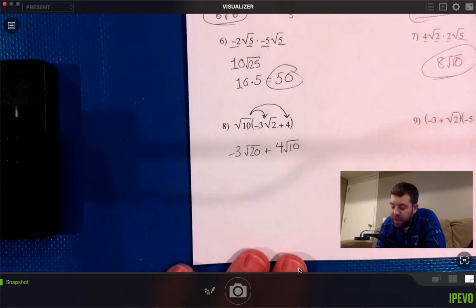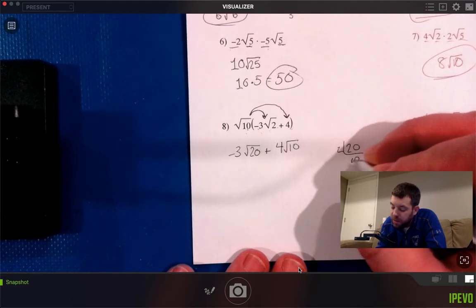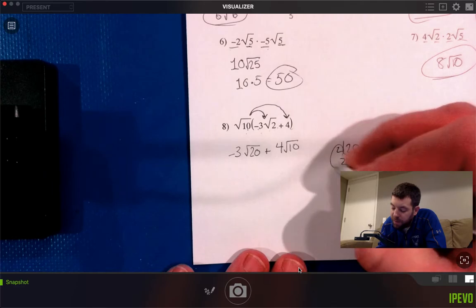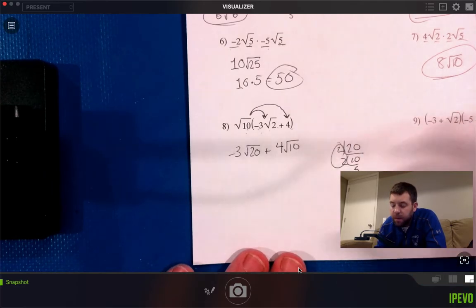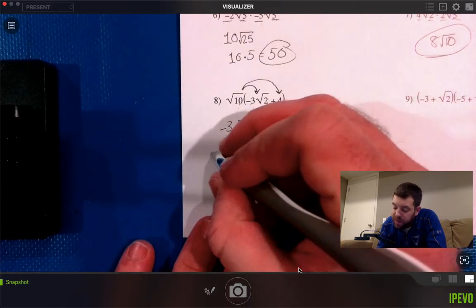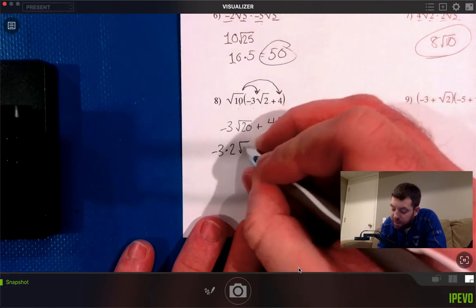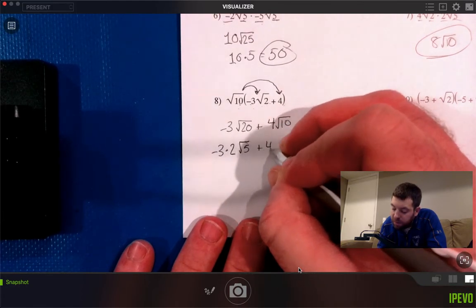Now, 20 can break down, ladies and gentlemen. If I go over here to the side, we know that what goes into 20 is 2 and 10, 2 and 5. I have a pair. So now I know that this 2 comes out, so it's really going to be negative 3 times 2, and my leftover is 5, plus 4 radical 10.